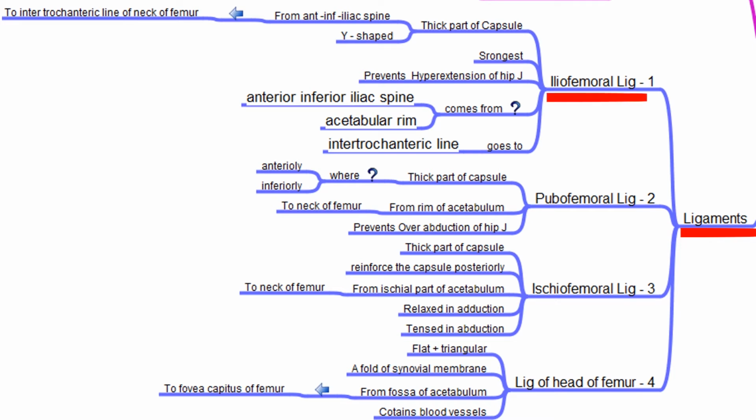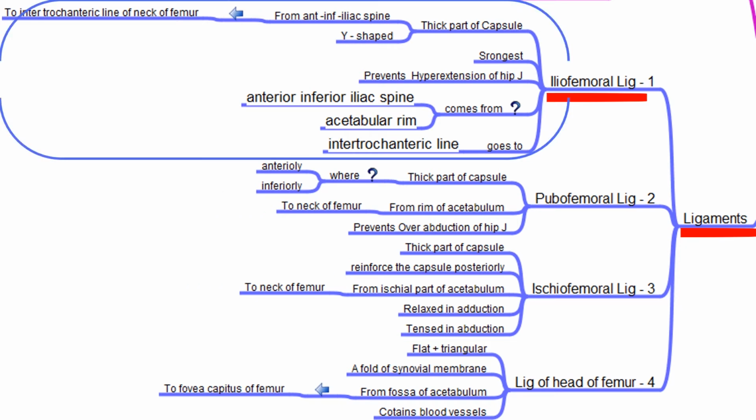The first ligament is the iliofemoral ligament, and from its name it extends from the ilium to the upper end of the femur. Let's collect some data about this.